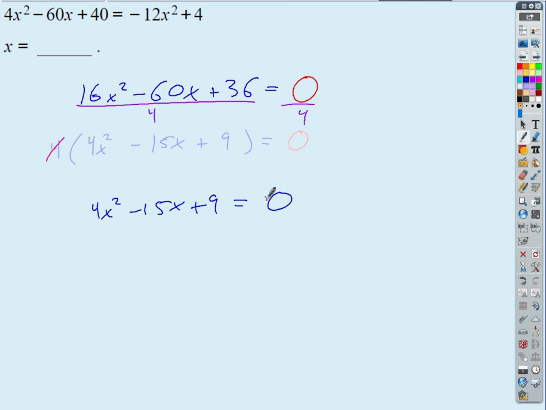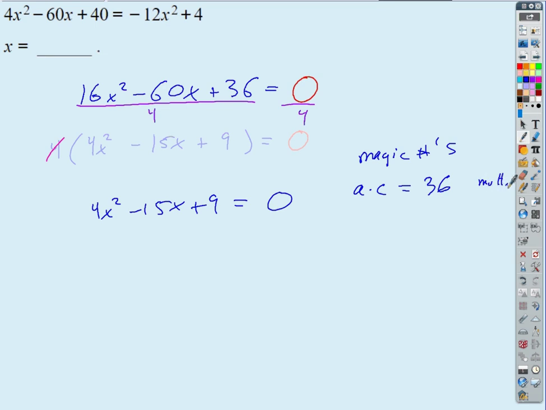Okay, so I gotta find magic numbers again, just like before. The magic numbers have to multiply to a times c. Well, a times c is 4 times 9 is 36, right? So they're going to multiply to that.